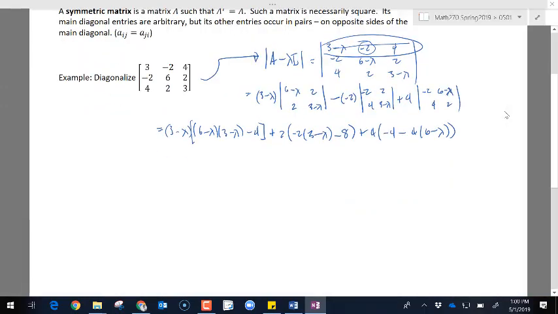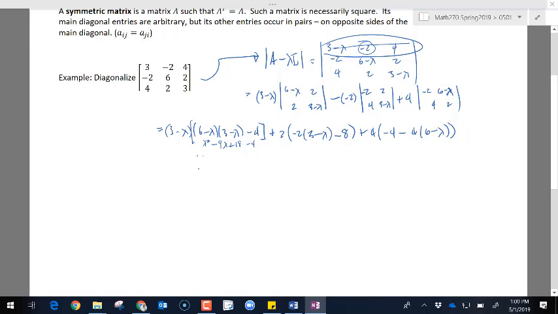Wow, that's a lot. Might as well distribute this. This is going to be lambda squared minus 9 lambda plus 18.